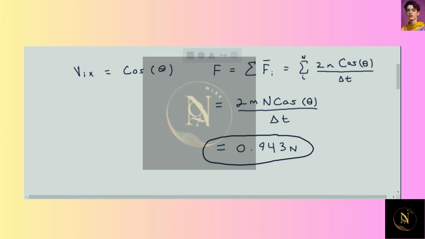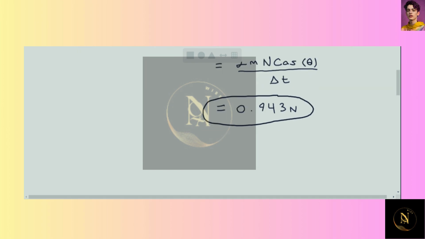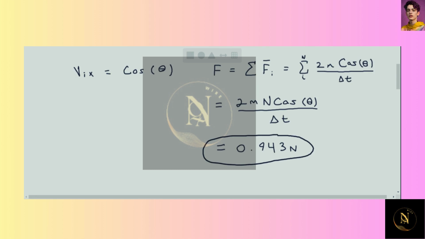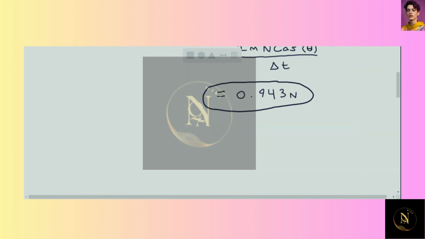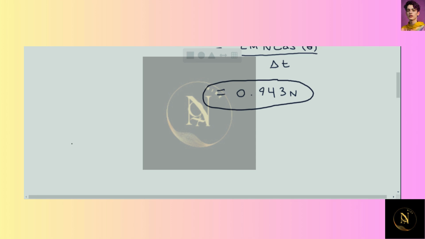Awesome. Now, let's determine what the average pressure would be from all these collisions. And this one's going to be nice and straightforward, because all we have to recall is that the average pressure is defined as the average force over the area that all these collisions are happening on.